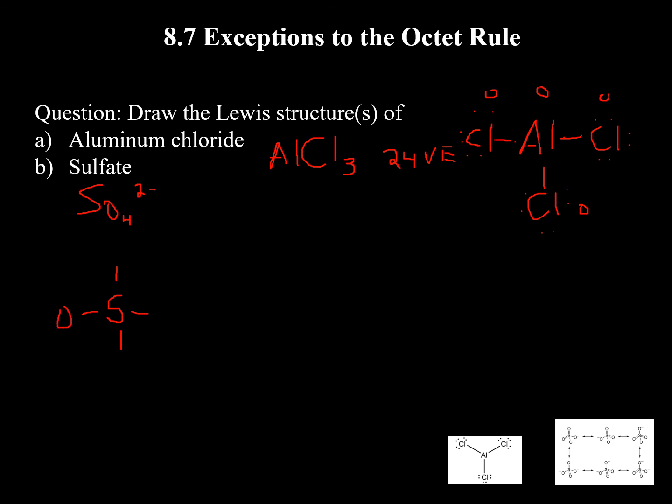The oxygens will go on the left, above, to the right, and below. We want to use up the total valence electrons here. It would be 24 from the oxygens, 30 in total with the sulfur, and then 2 more to make 32 valence electrons.